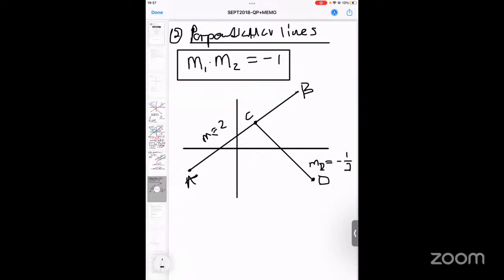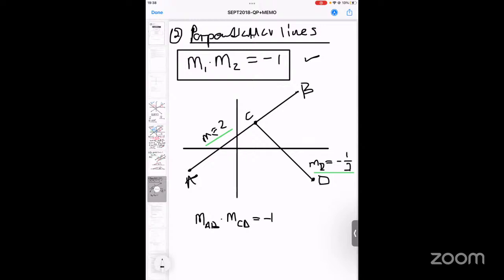When it comes in a question in an exam, they will say, calculate the gradient of line AB, then you get it to be 2. Calculate the gradient of line CD, then you get it to be -1/2. Then they say, is line AB perpendicular to line CD? I'm not yet sure, but the only way to be sure is if I multiply the gradient of line AB with the gradient of line CD, I must get -1. That is what the formula says. So if you get -1, it means they are perpendicular.